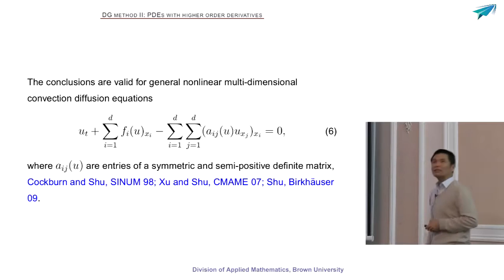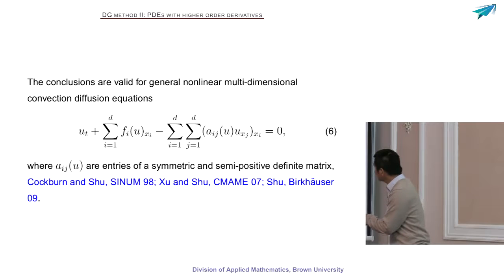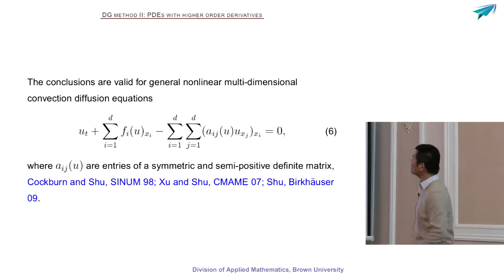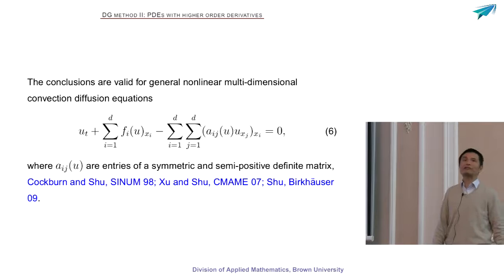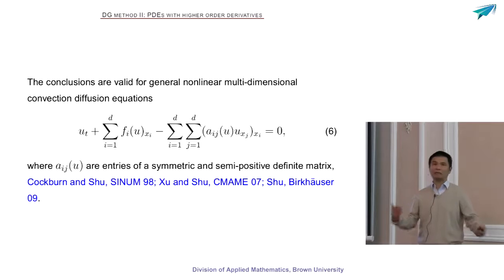So the good news is that what I said before can actually be generalized to this very general nonlinear convection diffusion equation. So this is multidimensional. As long as this Aij of U form a semi-positive definite matrix, it will be fine.